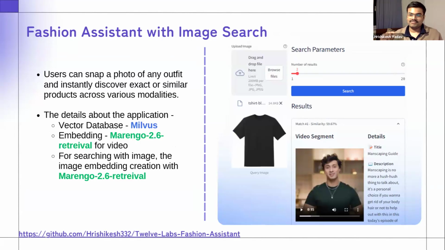So we all know various companies have till now integrated reverse image search. But here we are discussing providing the image and then getting the information from the embedding, getting the particular video with the similarity, confidence similarity, even with the description and the buying link and all this stuff.